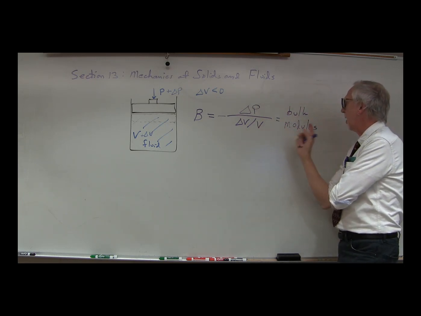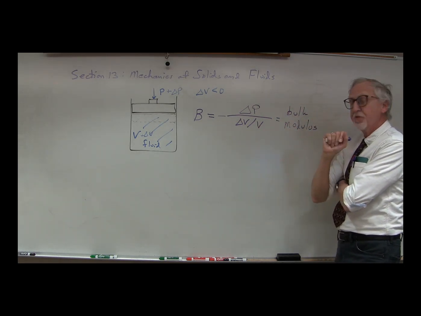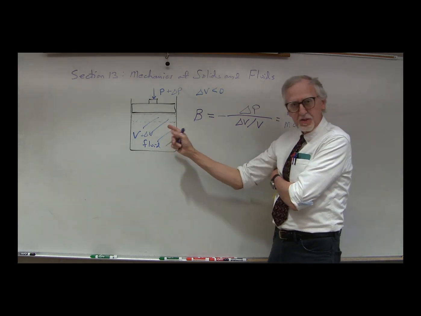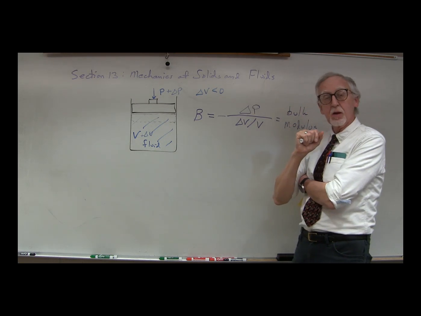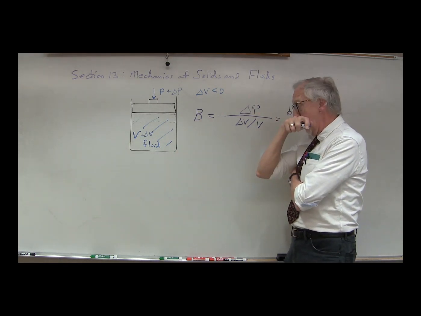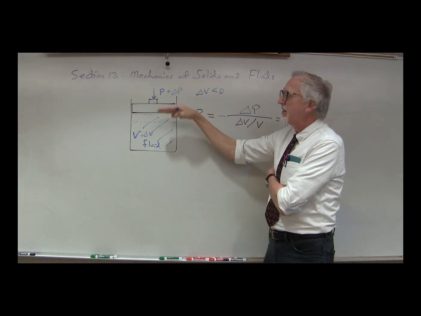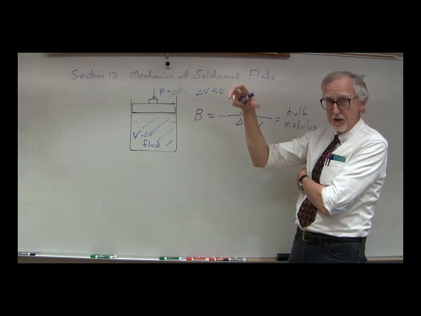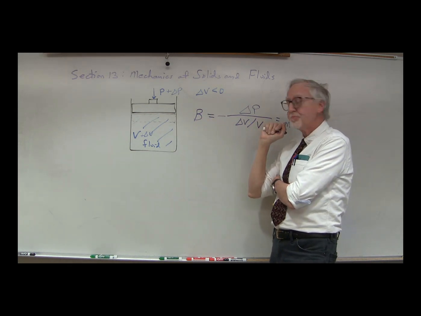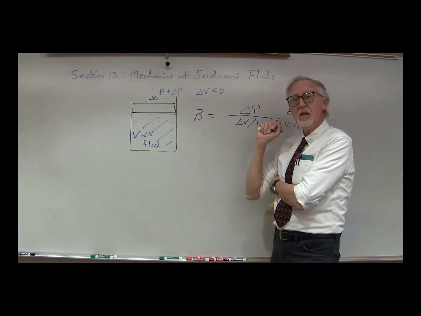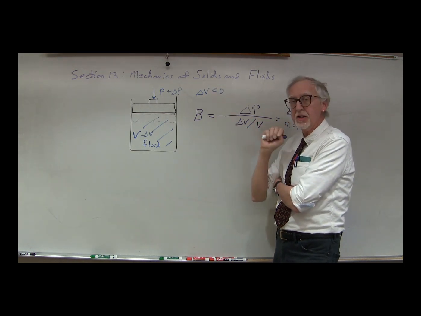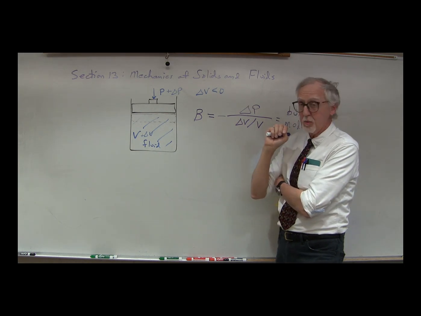Here we have the bulk modulus for a fluid, and we could use this with solids, but we can apply this with liquids or gases as well. So any kind of fluid, which relates basically how compressible it is. How much will it compress? The larger B, the less compressible the material is. The smaller B, the easier it is to compress, and the more it will compress.